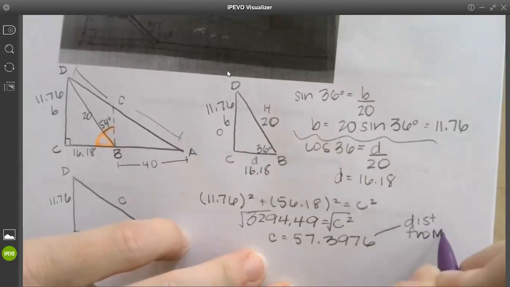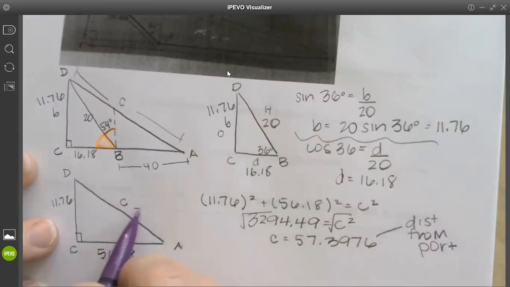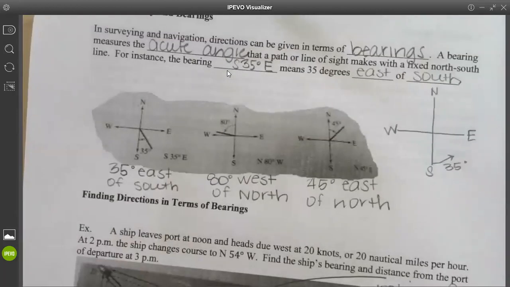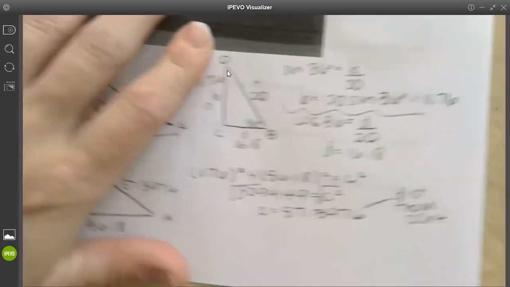What else did it ask me to find? What was the bearing in? Here's bearings. What are bearings always in? Degrees. Okay, so I need to find the degree.